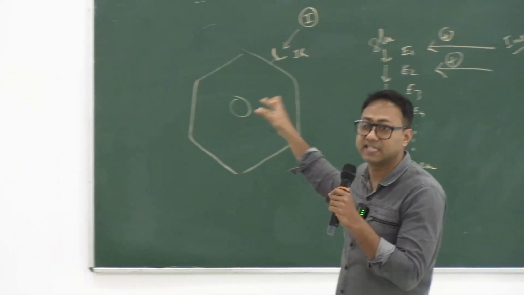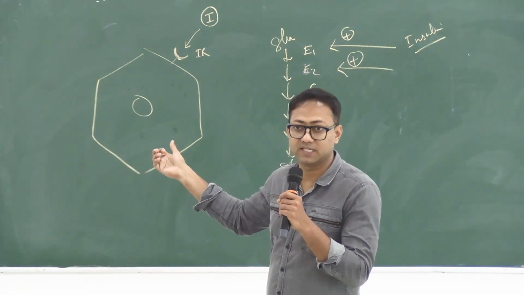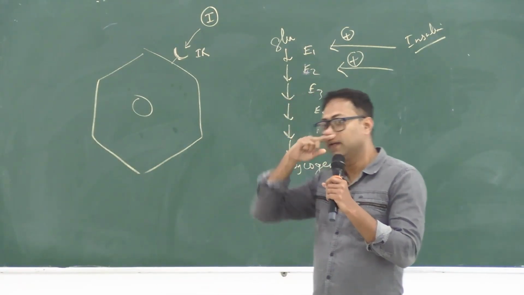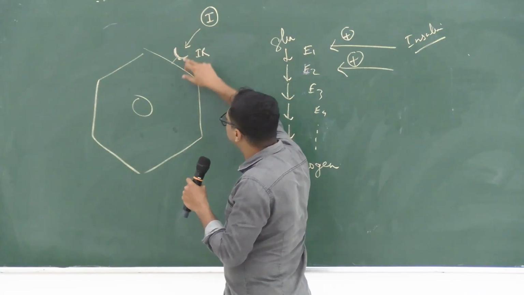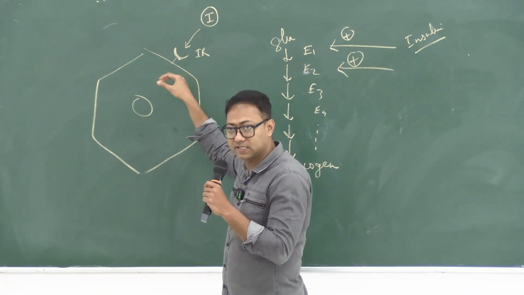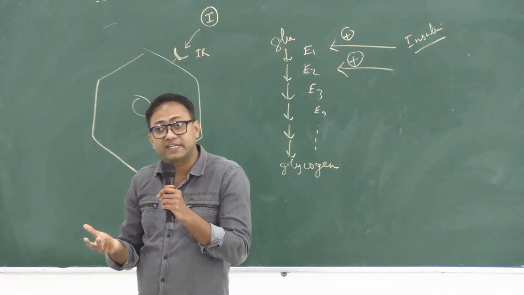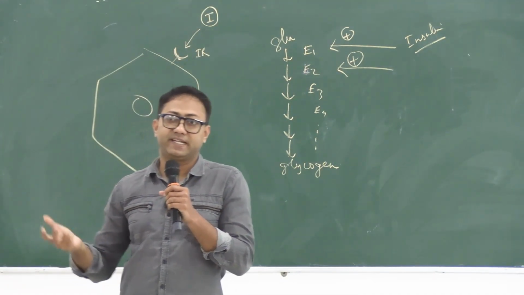Its receptor is on the cell surface of hepatocyte, skeletal muscle cell, right? Now after binding insulin to insulin receptor, this receptor-insulin complex will be formed and they will begin an enzymatic activity, tyrosine kinase.